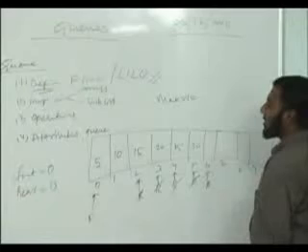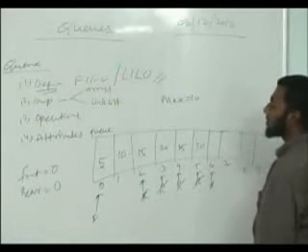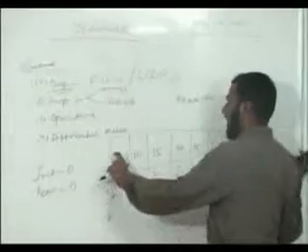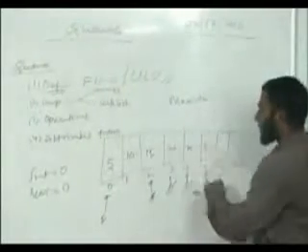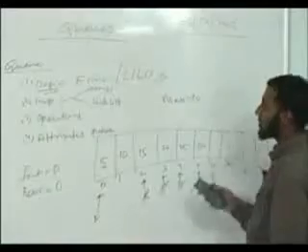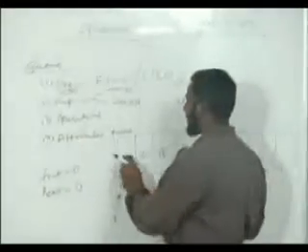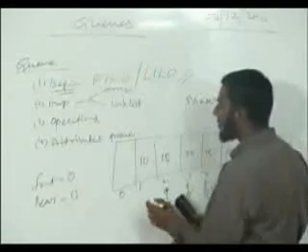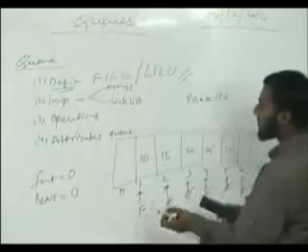And deletion, suppose I want to remove an element. What is the first element that has been inserted in the queue? 5, then 10, 15, 20, 25, 30, right? So the first element that will be deleted according to the definition is 5. When 5 gets deleted, front points to the next first element that has been inserted.